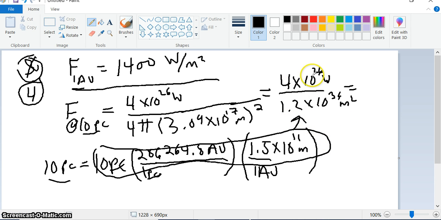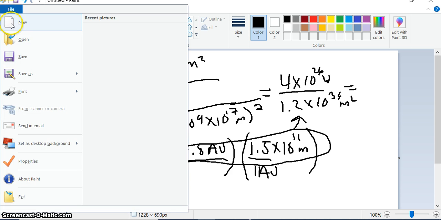And so when you divide, the flux at 10 parsecs away that comes from our sun is very, very small.